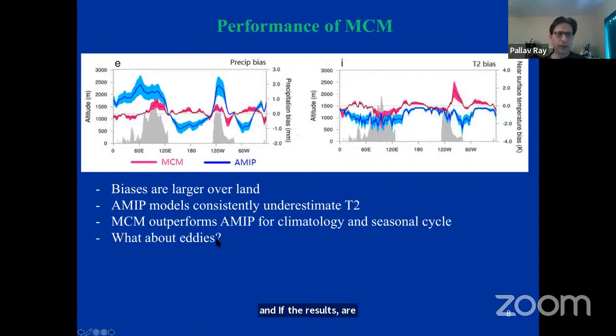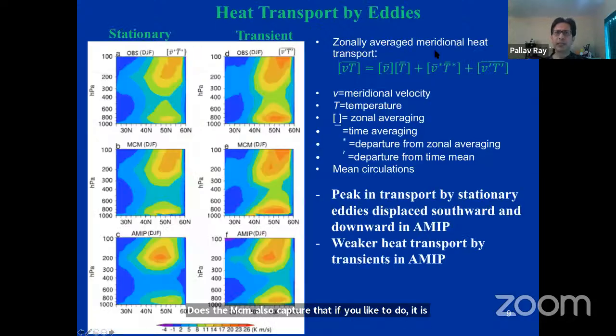Now that leads to the second part, which is: does the MCM also capture the mid-latitude eddies better than AMIP models? What I'm showing here is the meridional heat transport by the eddies. Total heat transport is composed of heat transport by the mean circulation, heat transport by the stationary eddies, and heat transport by the transients. This figure shows stationary eddies on the left and transients on the right, only for the winter months, December, January, February, because that's when the heat transport is dominated by the eddies.